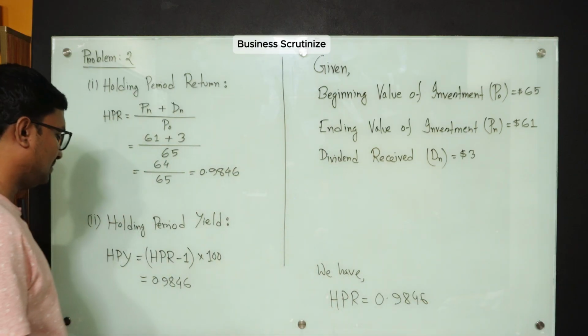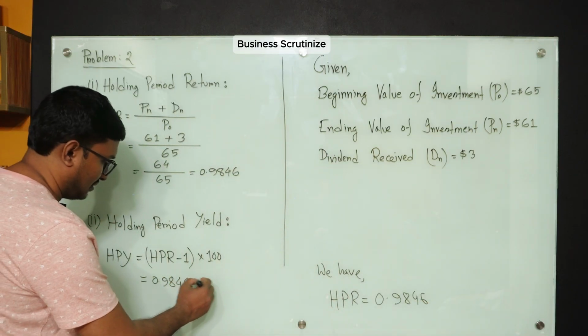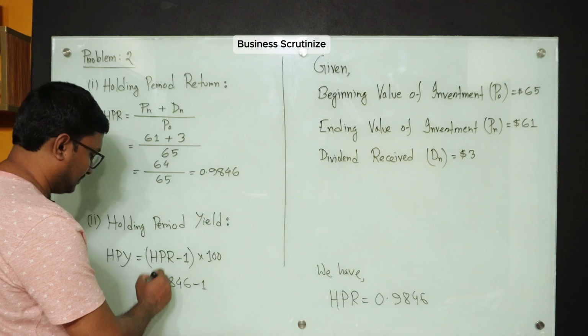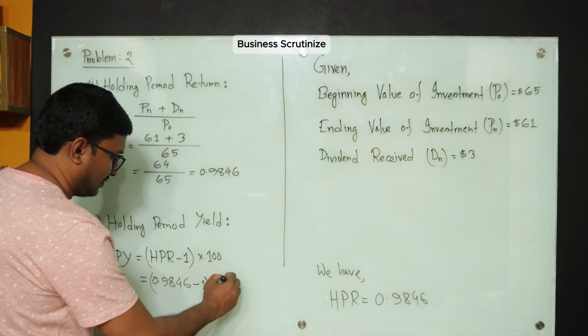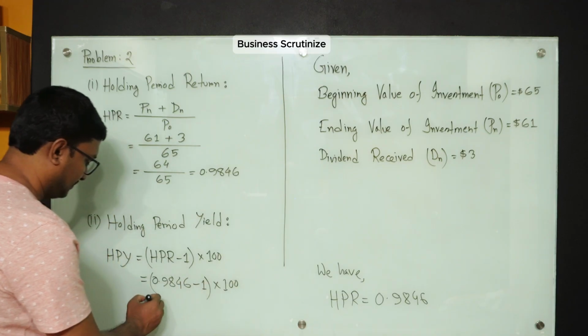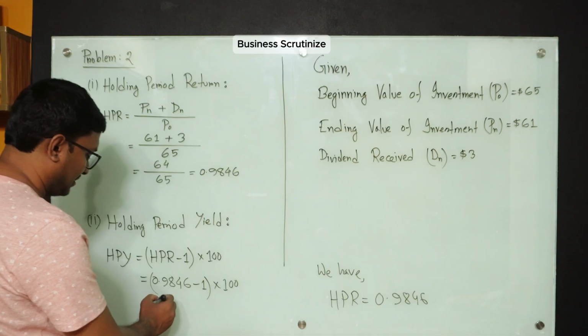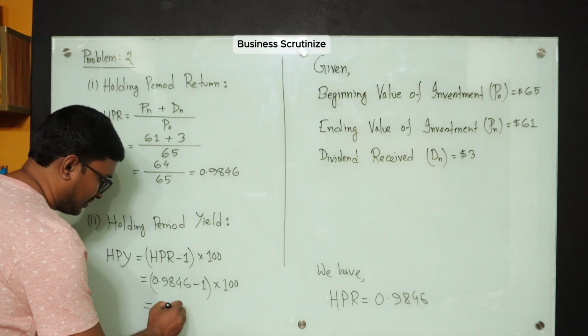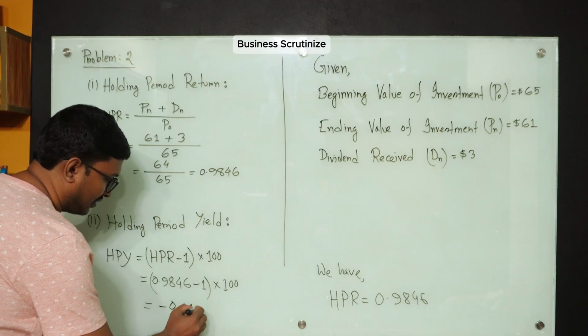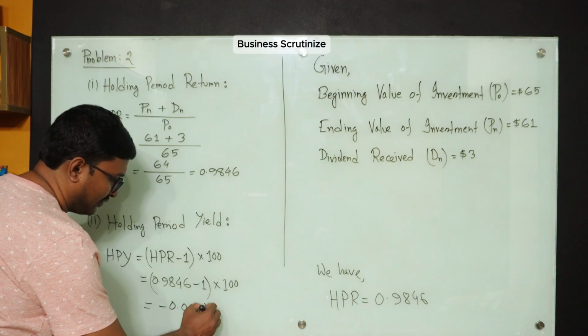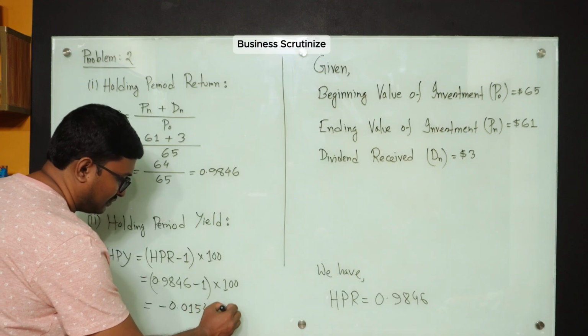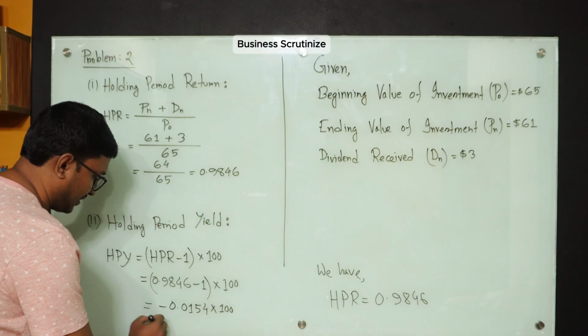So 0.9846 minus 1, and if we subtract, it is minus 0.0154, times 100.